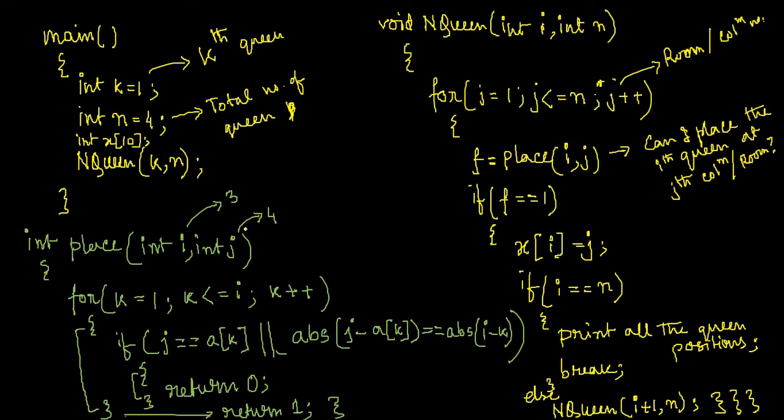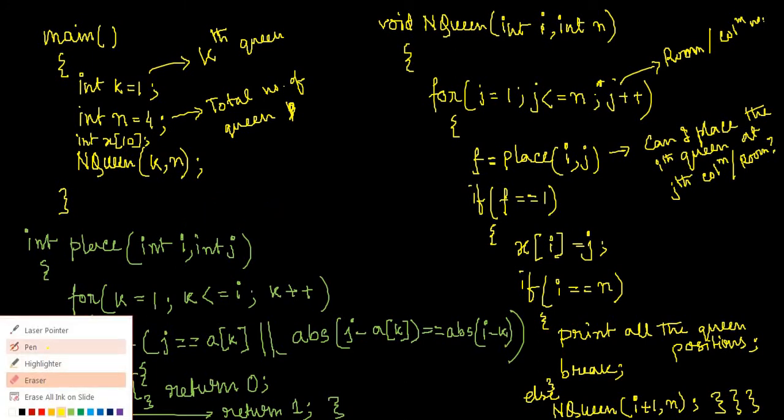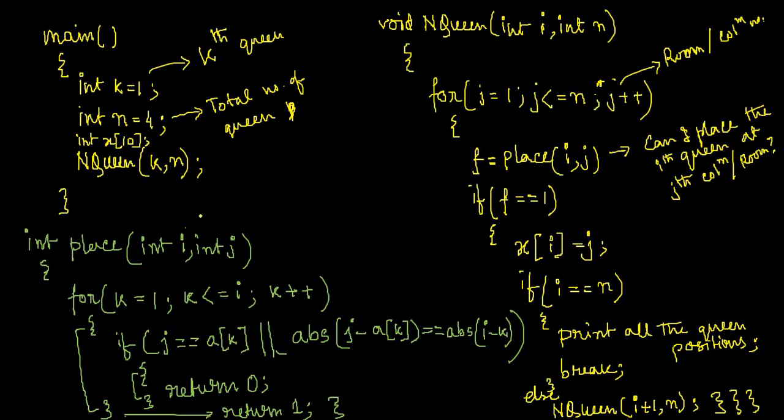Here, j is equal to 1 right now, in case of executing. This i is right now 1 and j is also equal to 1, right? So k is 1 and a of 1 equals a of 1.